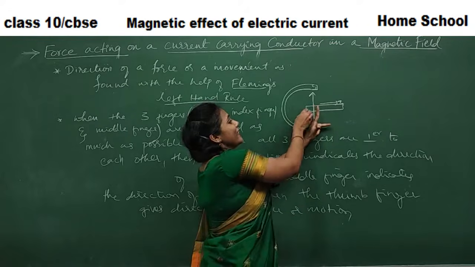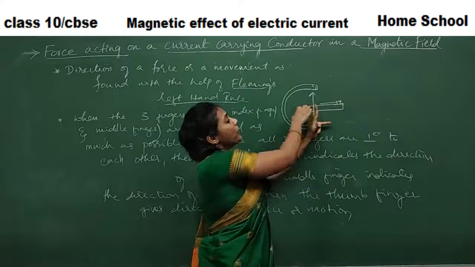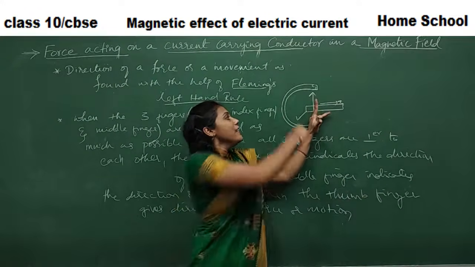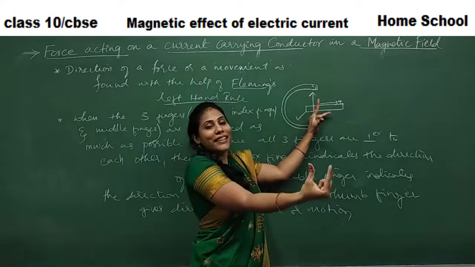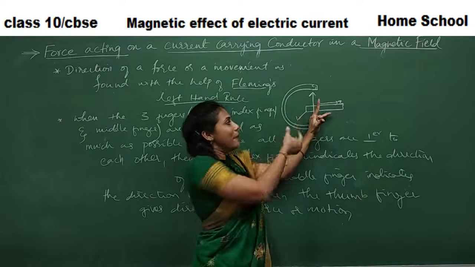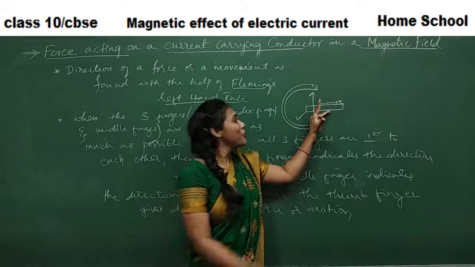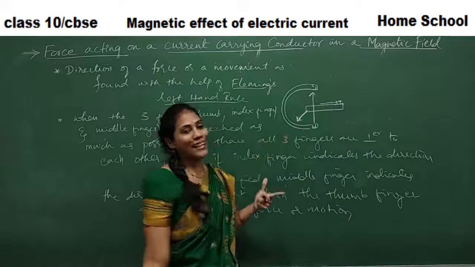That means the rod will move like this. The rod will move out of the paper. See, this is the paper, this is the board. So the rod will come out of the board, right? Rod is coming out of the board, or if it is a paper, the rod will come out of the paper. I can show it with an arrow mark.